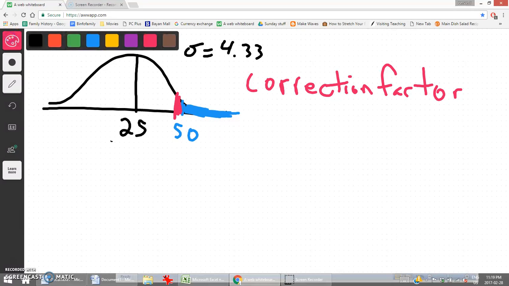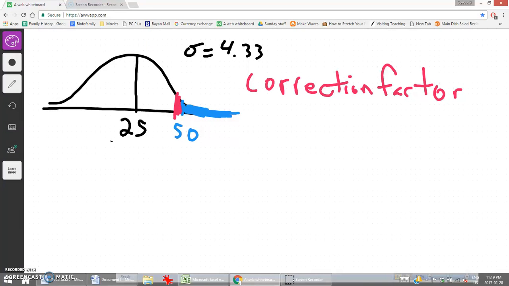The next step, let's do this in purple, is finding now the area has been increased. We know that 50 would mark the point at which that blue section begins. Now we need a kind of new x value that indicates the blue shaded in area plus that correction factor area.